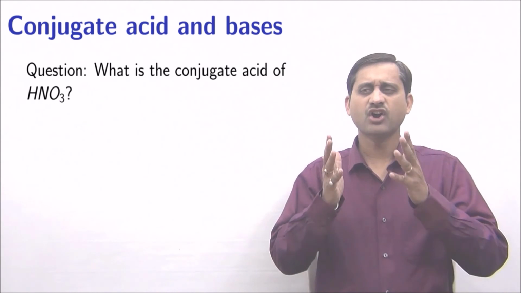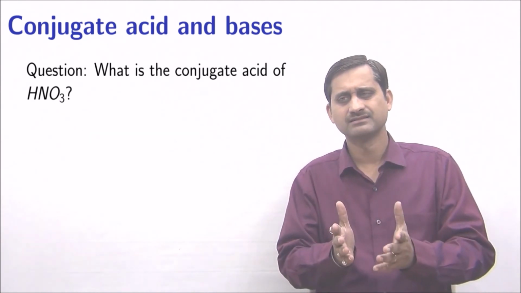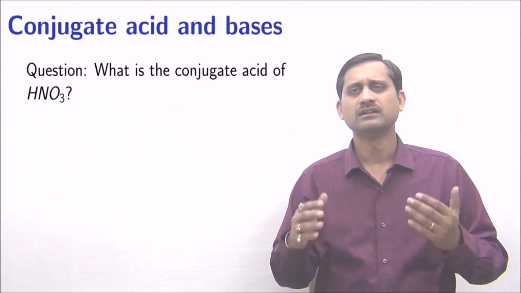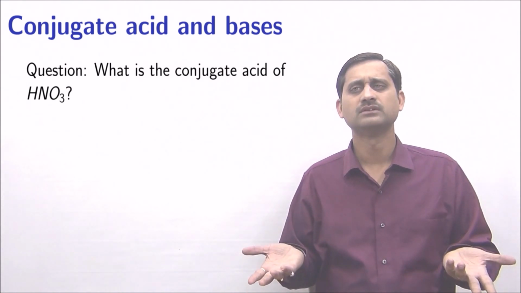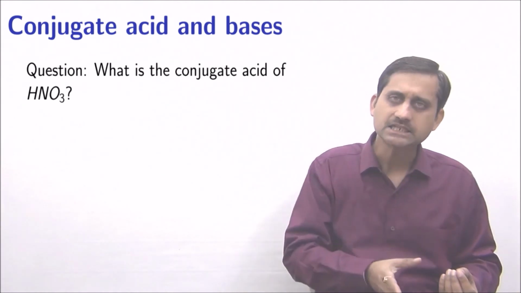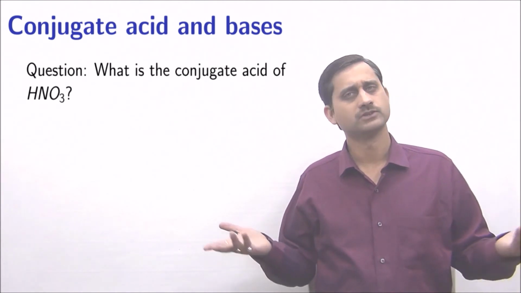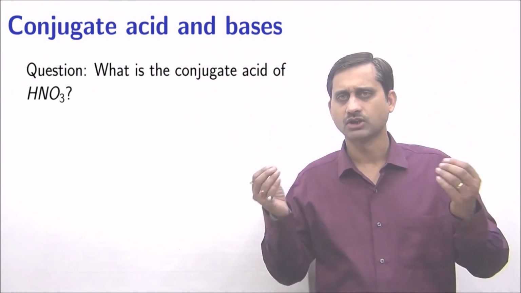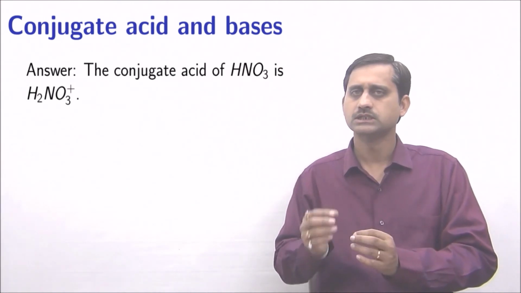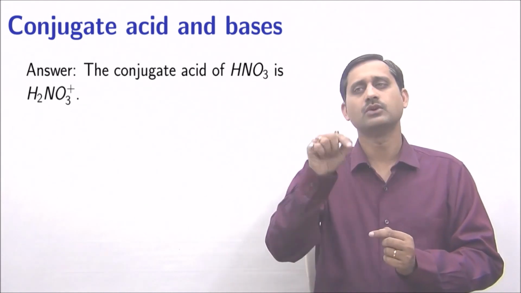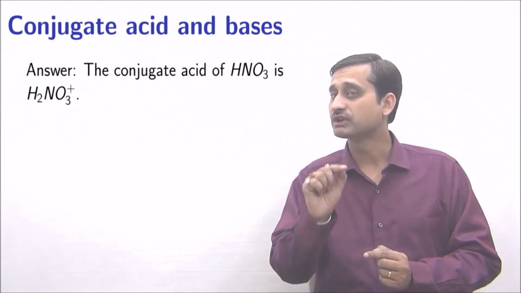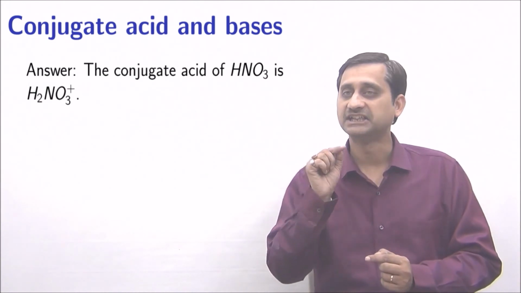We have to find the conjugate acid, and for that we have to add the proton. We are not bothered if the species exists or not. So strictly by definition, the conjugate acid of HNO3 is H2NO3 plus. Simple, strictly by definition.